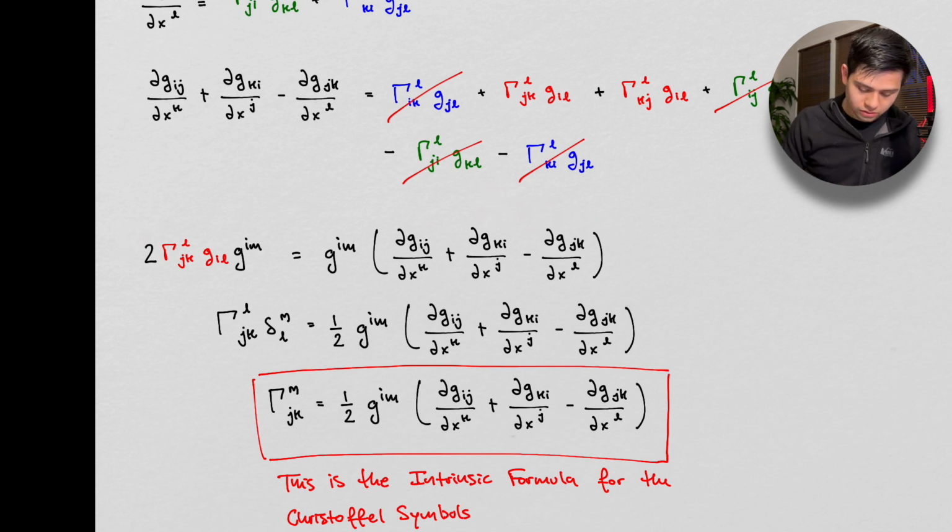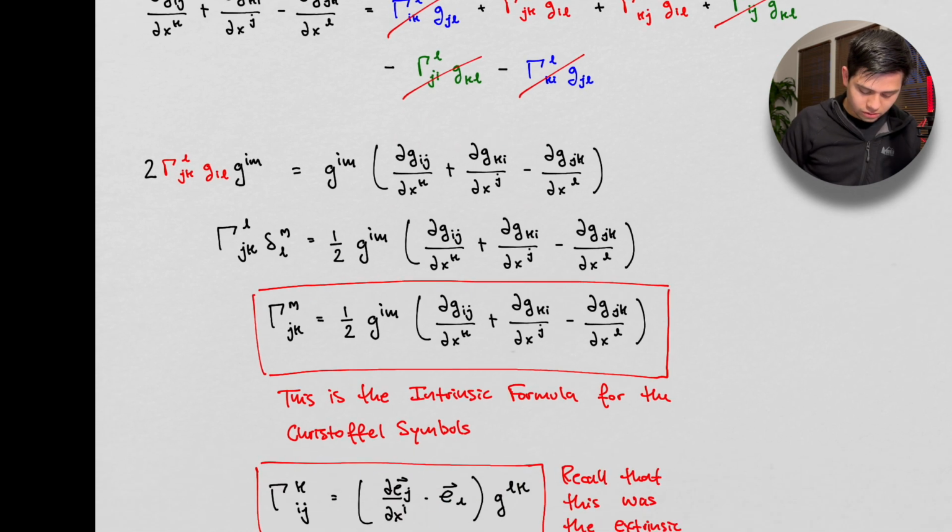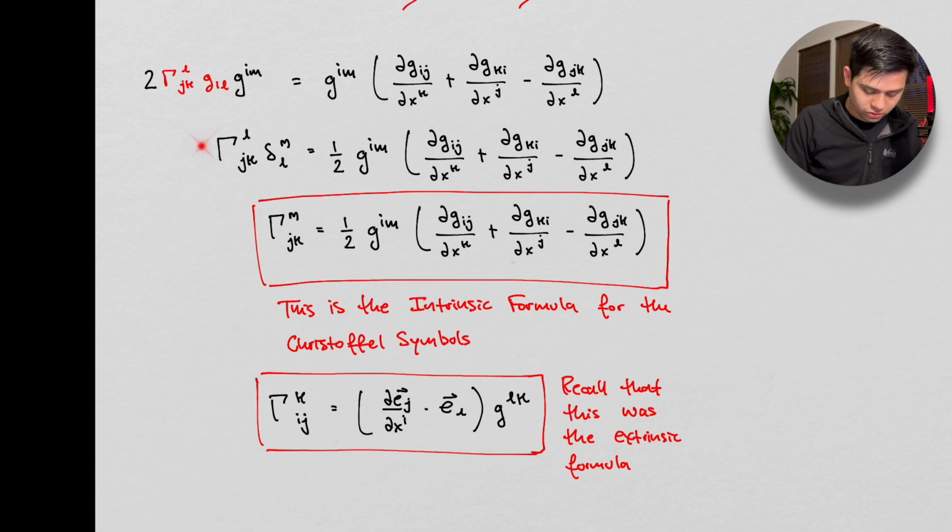So these two guys, there's two of them. Remember, we're not using metric compatibility, we're using the fact that these two are symmetric and that they're the same. We multiply by GIM on both sides, and we get this. Now just dividing by 1/2, and finding that this is the Kronecker delta, we get this.